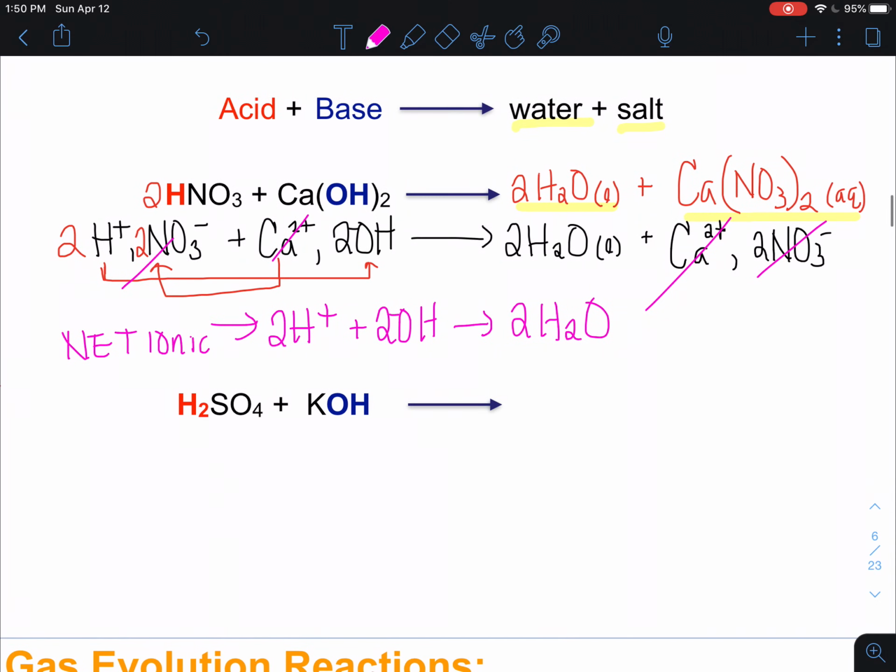Let's do one more. We have sulfuric acid and we have potassium hydroxide. So sulfuric acid, it's going to dissociate into 2H+ and SO4 2-, plus K+ OH-.